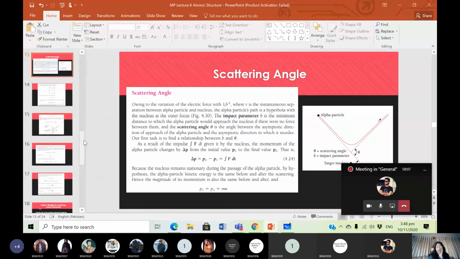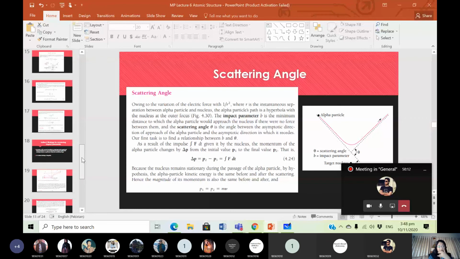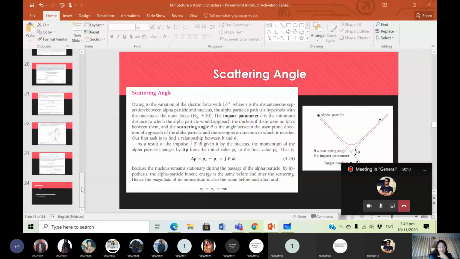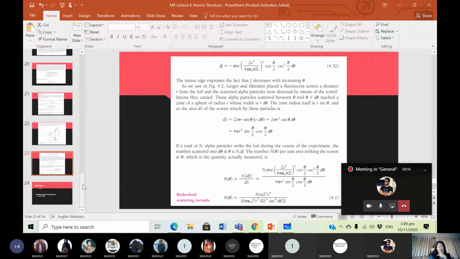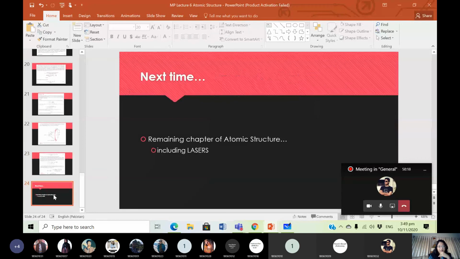So atomic structure is a relatively longer chapter. Tomorrow we will hopefully cover everything up to here: the derivation of the Rutherford scattering formula, and then atomic structure, much of which we have already done in astronomy and astrophysics. The Bohr model of the atom comes in, whose derivation we did earlier in astronomy and astrophysics.